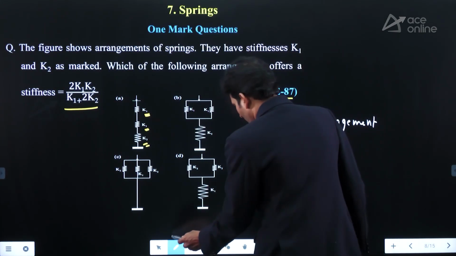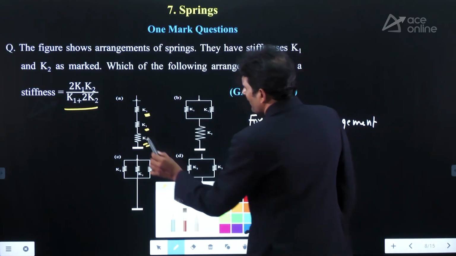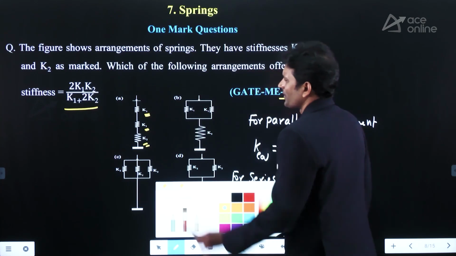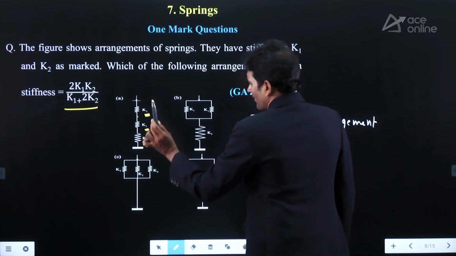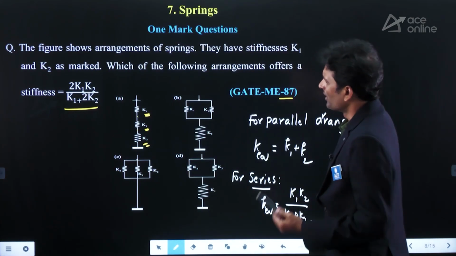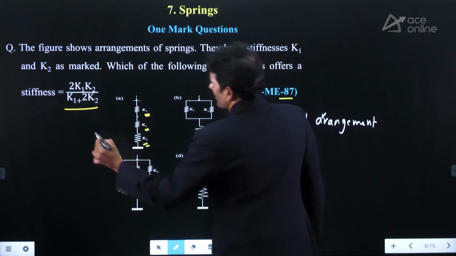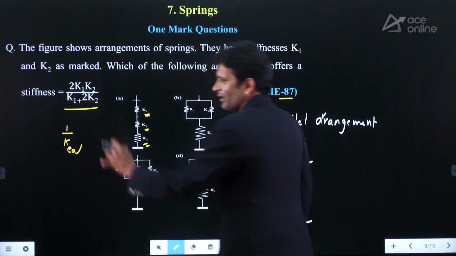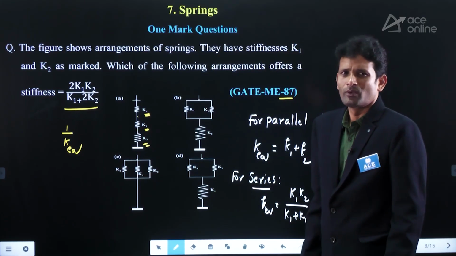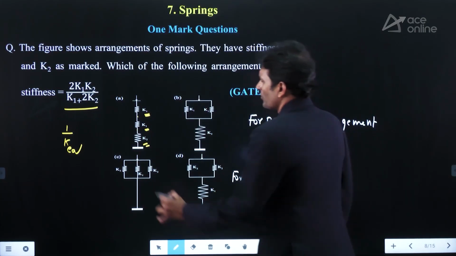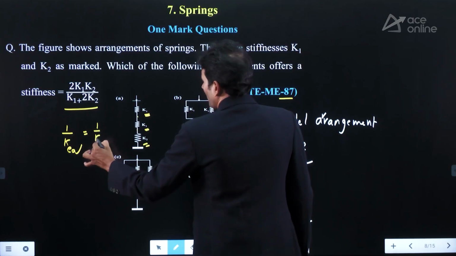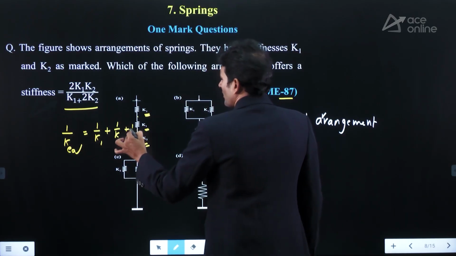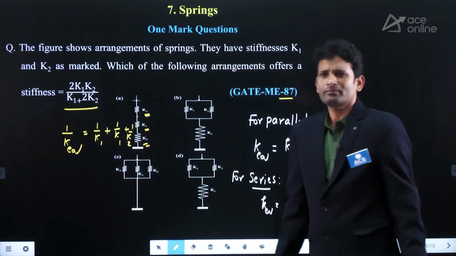Now here, let us see the first arrangement. All these springs we are observing under series, connected to each other. How are you taking this one? 1 by K equivalent equals 1 by K1 plus 1 by K1 again plus 1 by K2, my dear friends, right?